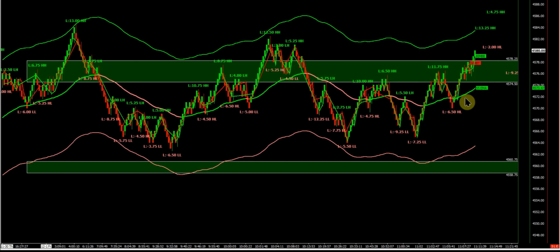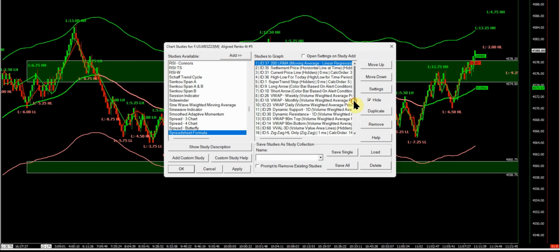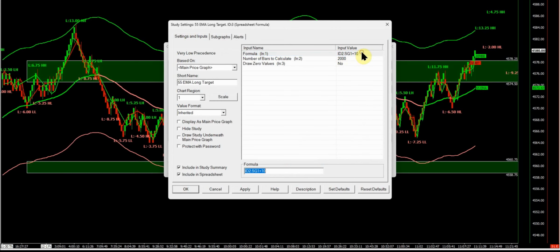But what's interesting is, if you'll notice, this is just outside that range. So for my long target, I said 5, because it's hitting that. Say, for example, we can go 7.